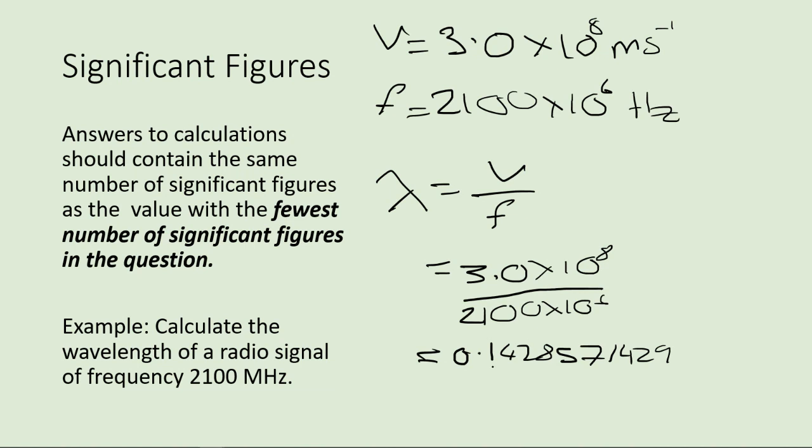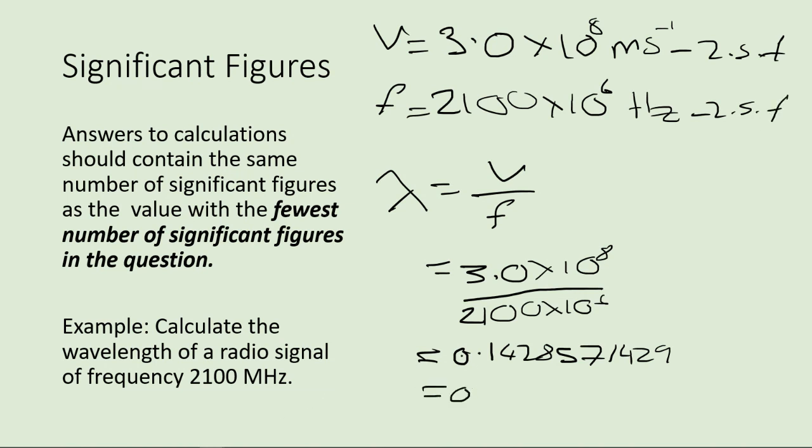Now this has 10 significant figures. We are kind of already intuitively aware that's far too many. If we look back to the question, this has 2 significant figures. This also has 2 significant figures. So we need to put our answer to 2 significant figures.